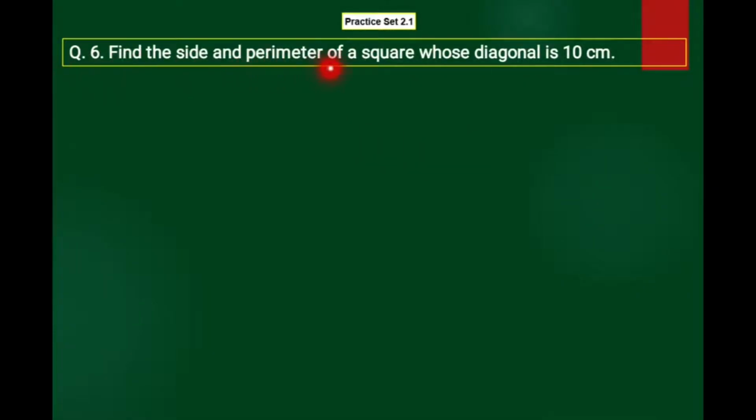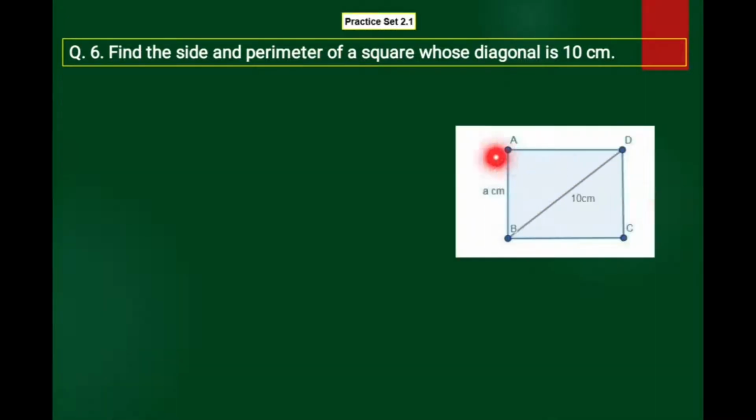Find the side and perimeter of a square whose diagonal is 10 centimeter. First we consider square ABCD whose diagonal is 10 centimeter, which is given. We consider the length of the side as a centimeter, and we have to find the perimeter. Perimeter means the total length of the sides of the square.